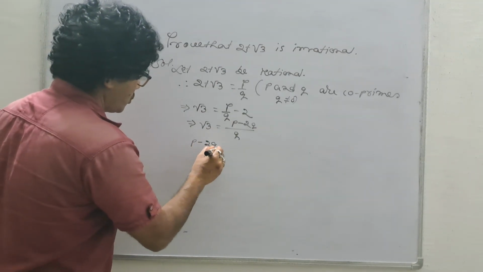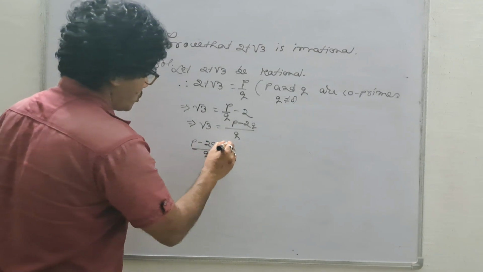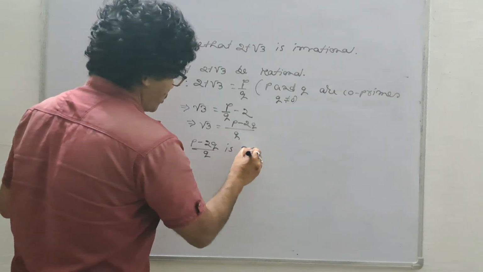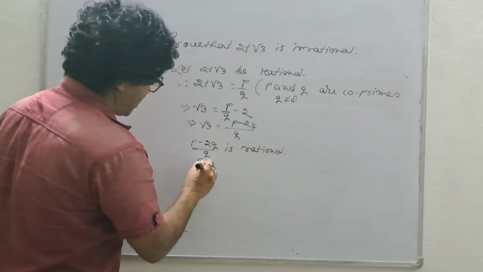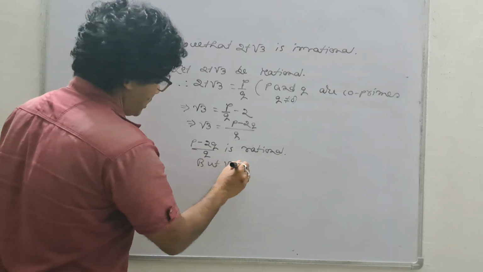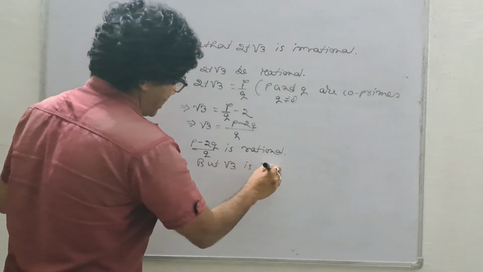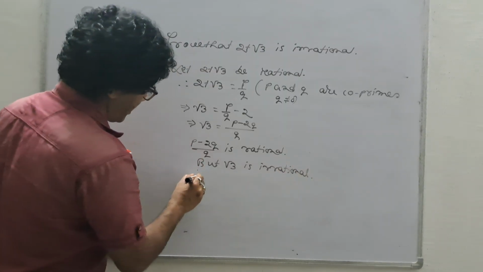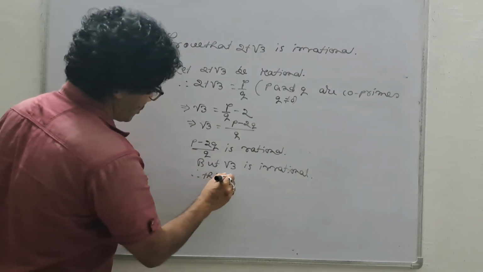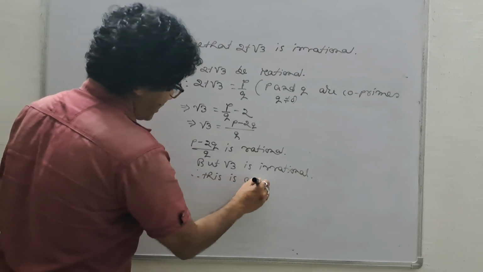So (P minus 2Q) by Q is rational, but root 3 is irrational. Therefore, this is a contradiction.